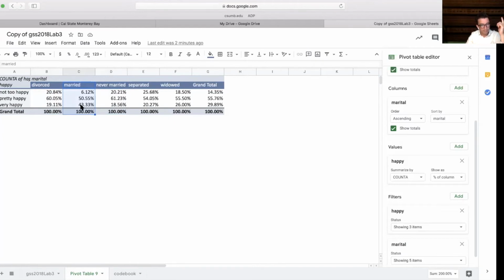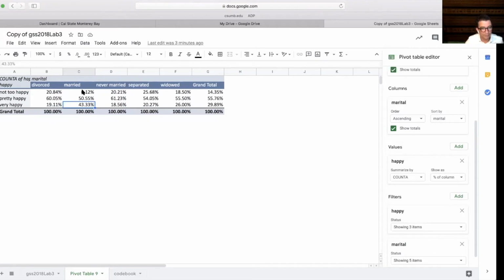Those who are married have a higher percentage of respondents that say they're very happy, 43%. When you compare that to those who are divorced, only 19% of them said they are very happy, right? That is more than a 20 percentage point difference. Those who are married, for some reason, are happier than those who are divorced.